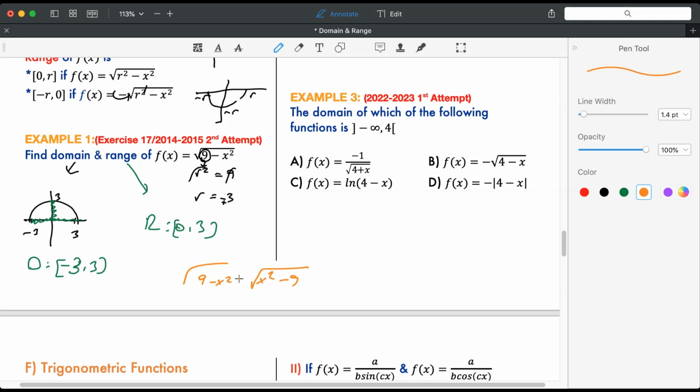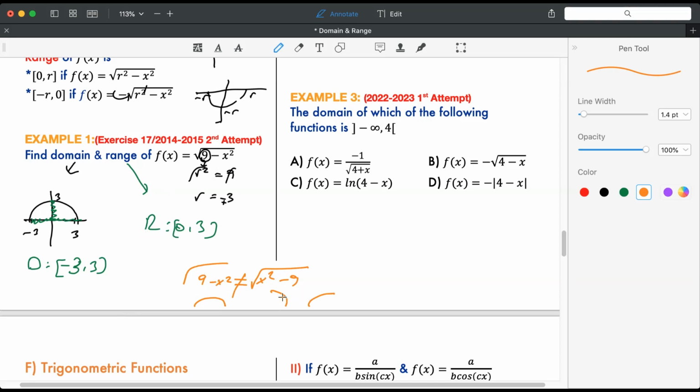Are they the same? No, they aren't. If there is number minus x squared, then you have a semicircle graph like this. If you have x squared minus something, you have a graph like this. Their graphs are different, their meanings are different. So the domain and range are easy for semicircles.